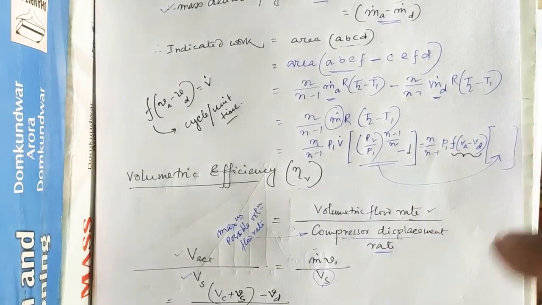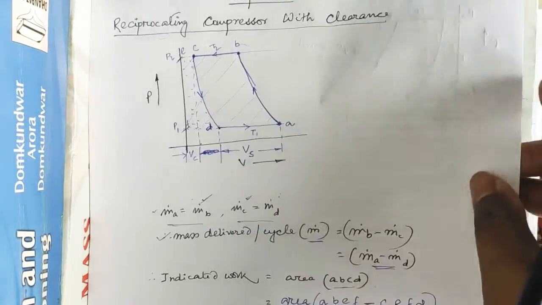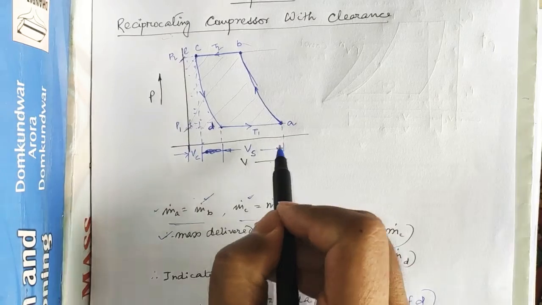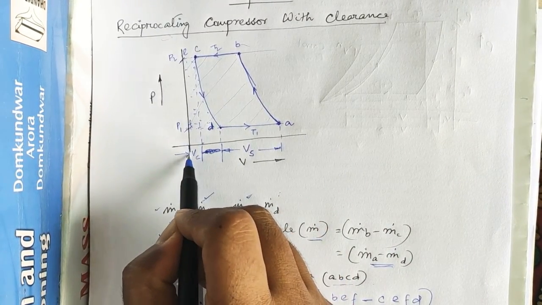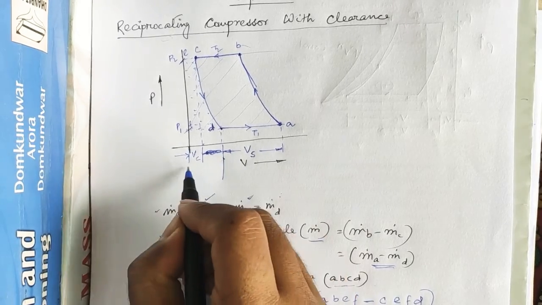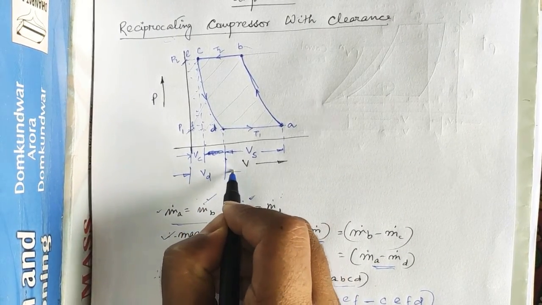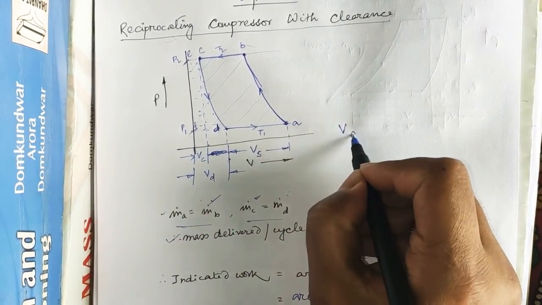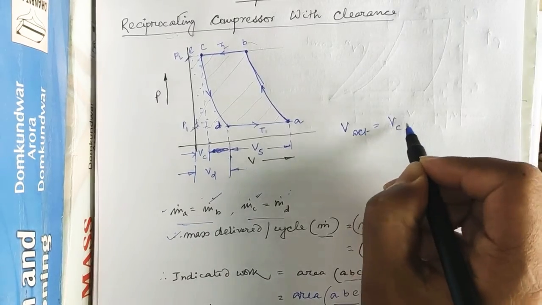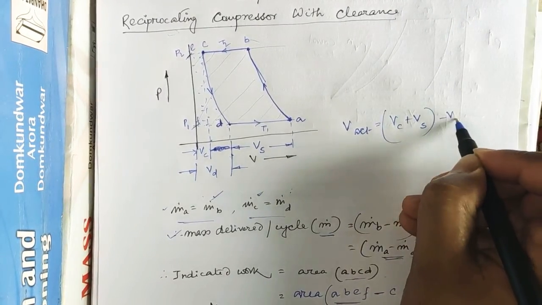Now V actual means, what is V actual? V actual is this one. From this diagram, this V actual will be Vs plus Vc minus Vd.